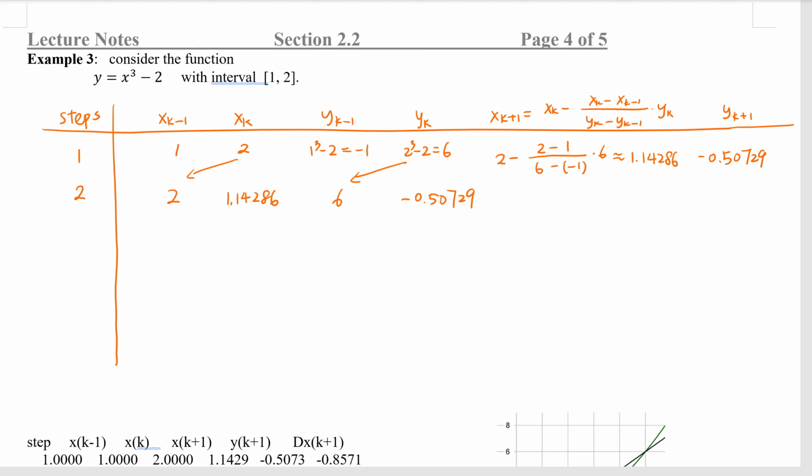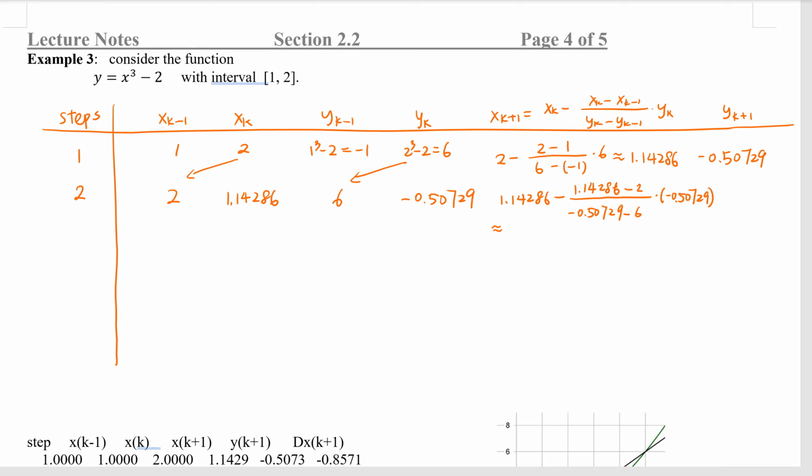Alright. And then xk plus 1 is 1.14286 minus (1.14286 minus 2) over (negative 0.50729 minus 6) times yk, negative 0.50729.